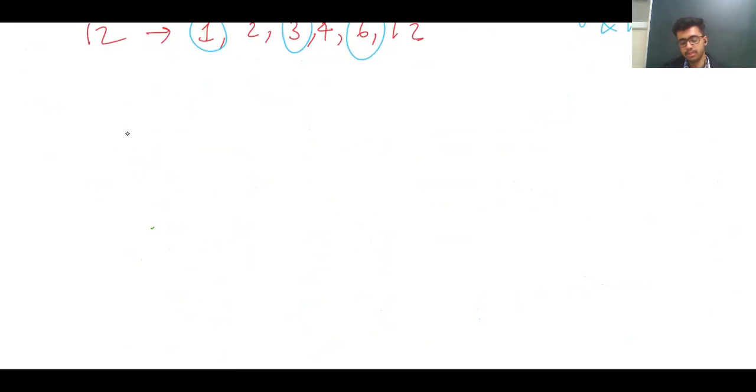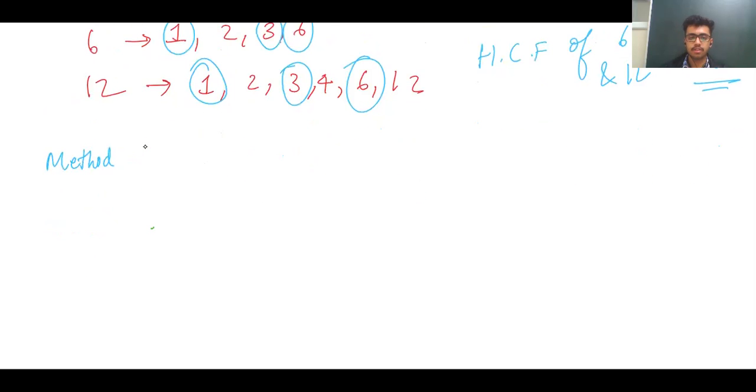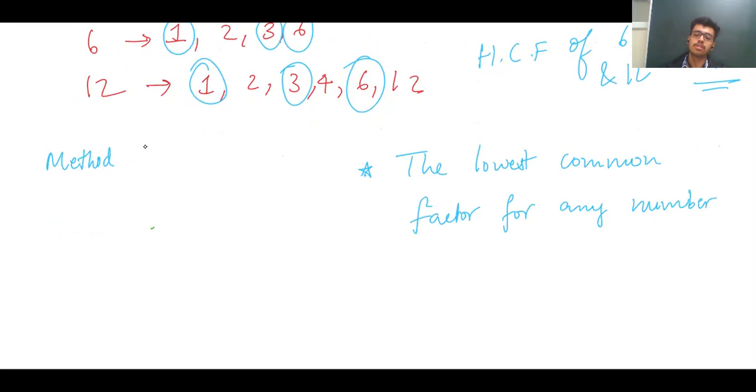Now, how to find the HCF? Okay, let's look at method number 1. So this is the first method. Okay, first tell me, just fill in this blank. The lowest common factor for any numbers is dash. 1.